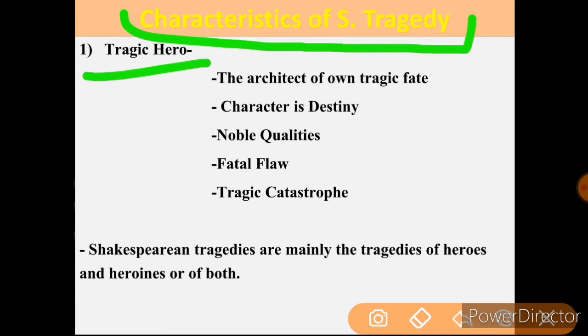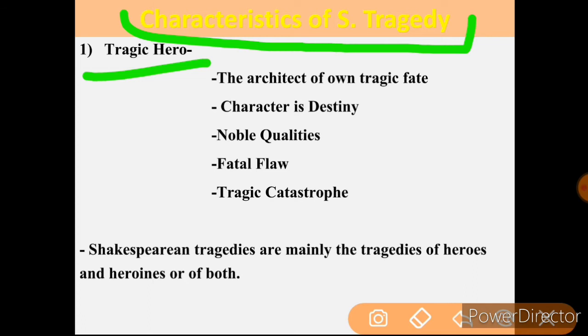On the other hand, Shakespearean tragedies are mainly the tragedies of heroes or heroines or of both. The tragic hero in Shakespearean tragedies is himself the architect of his own tragic fate.